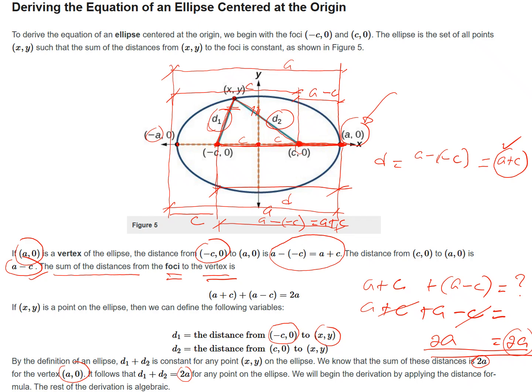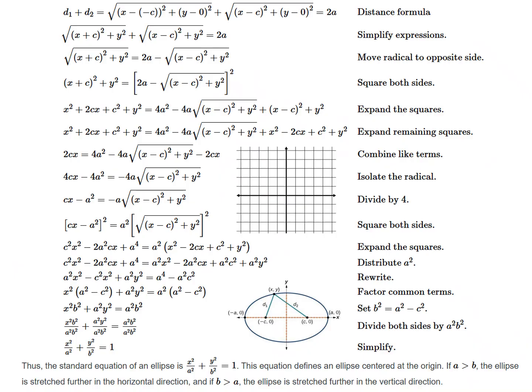So for any point on the ellipse, we will begin the derivation by applying the distance formula. The rest of the derivation is algebraic, which we can see here. So d1 plus d2, and then using those coordinates. d1 is a right triangle, so we can use the Pythagorean theorem.